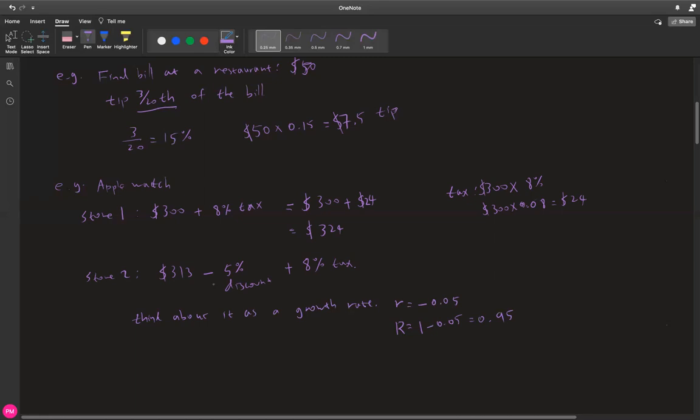To simply find the discounted price from $313, the discounted price is actually 313 multiplied by 0.95, and that actually is 297.35. So that is how much the Apple Watch is after the discount.